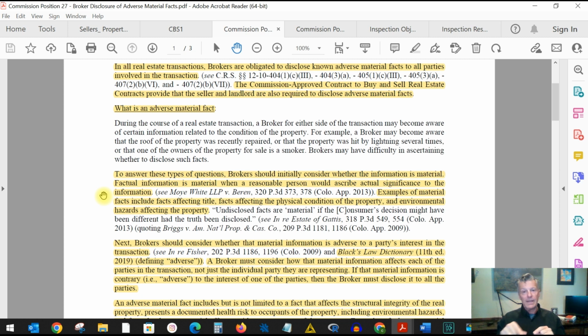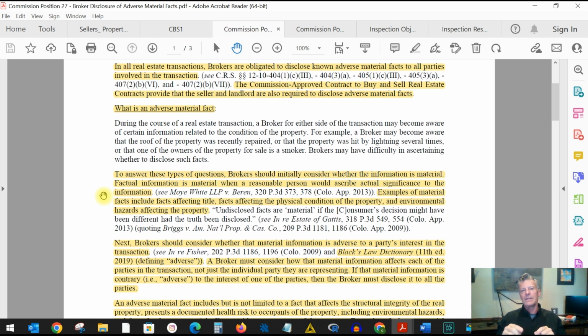So thinking back to the seller's property disclosure, the Real Estate Commission's done everything they could think of, put it in that form, and then there's some blank areas for the seller to add stuff if they know of something that the Real Estate Commission didn't think of. But going back to you hiring a broker to work on your behalf as a buyer's agent, not a transaction broker, not a customer, buyer's agent.